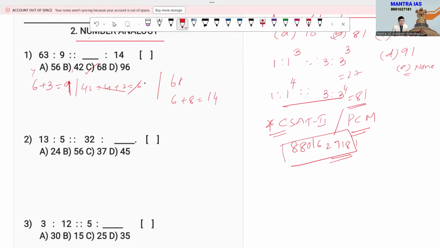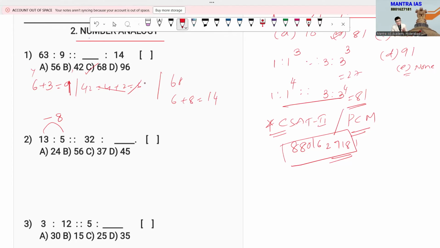Then 13 and 5, 32 and dash. Options are important: 24, 56, 37 and 45. The logic, I'm directly telling you, is subtraction: 13 minus 5 is 8.